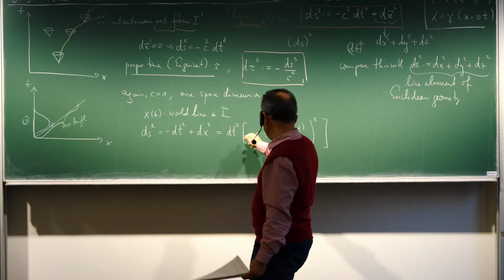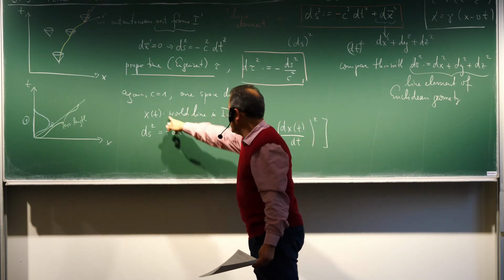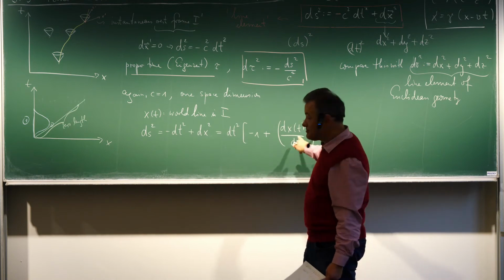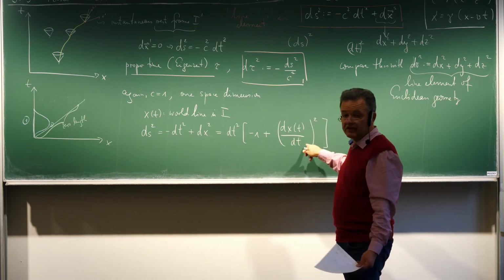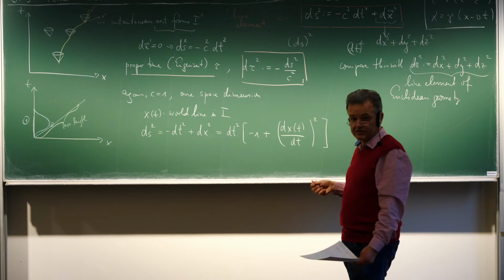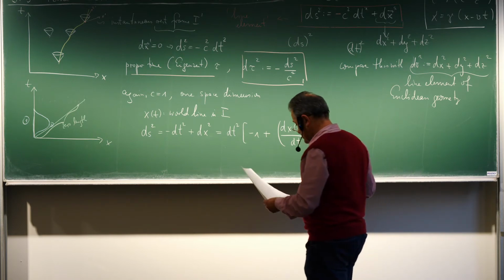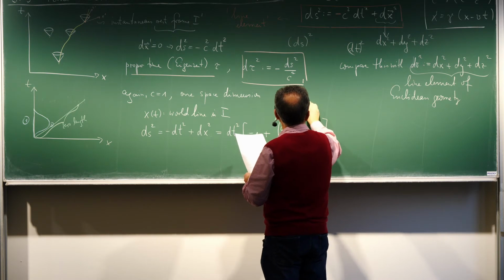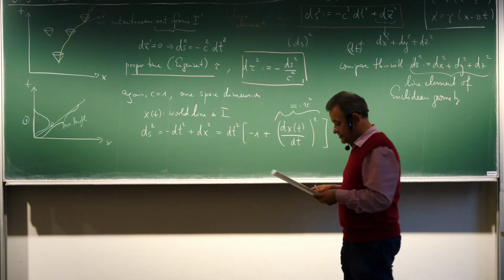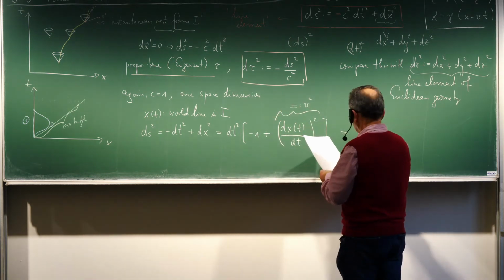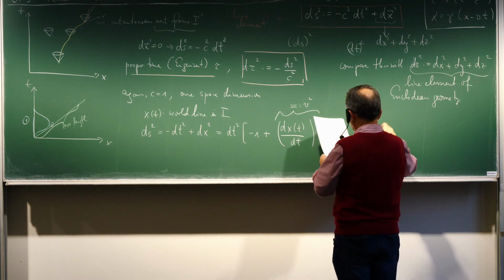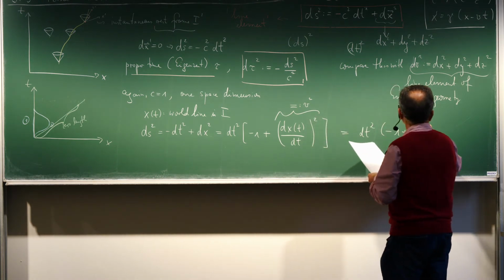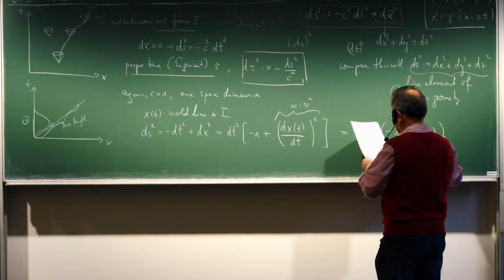So that's just x of t inserted, but I did this because dx of t over dt, as you know from Newtonian theory, is just the speed, or the velocity more generally. So this here we call v squared, the speed squared. So we can write this as minus dt squared times 1 minus v squared of t.